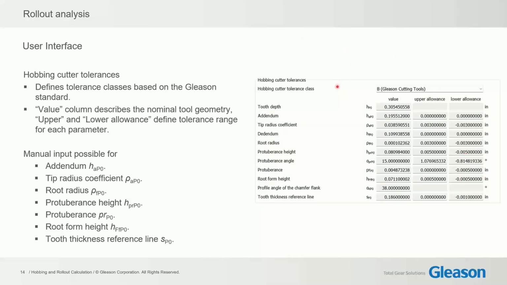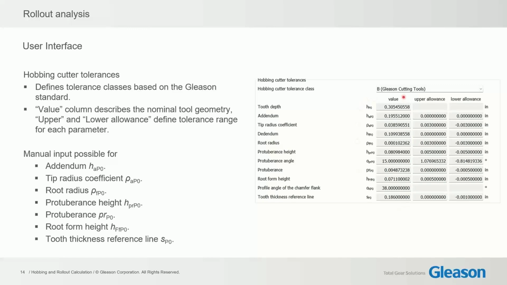As I've said before, this is considering also the tool tolerances. In the user interface, you have an option to select the cutter tolerance class according to Gleason cutting tools. I think we have 5 different classes going from AA to D. The user interface has 3 columns. The first one is the value, and the values are relatively small because this is a table in inches.